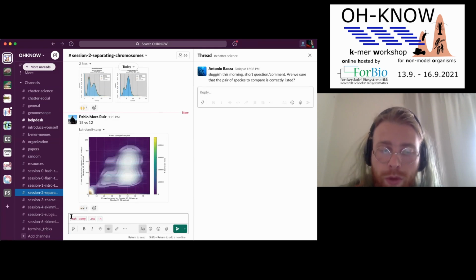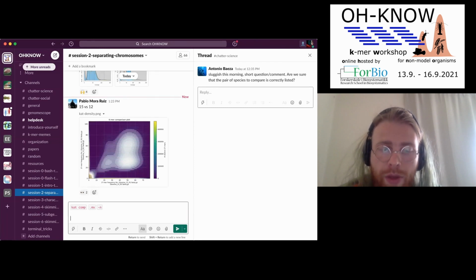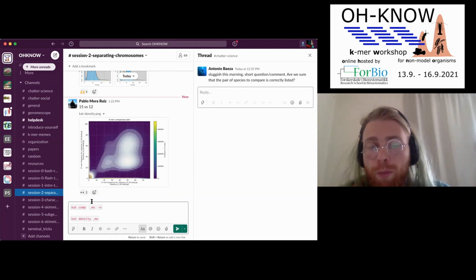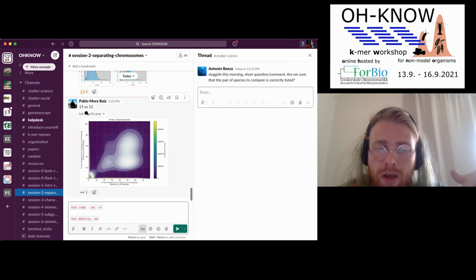But you don't have to do both steps at the same time. You can first generate the matrix files, and I think then it's cat density, but I'm not entirely sure. Somebody should check in the manual, and input the matrix file, and that will again regenerate this plot from the matrix file. So I think there was just a glitch, and if you take the matrix file, you don't have to recompute the 2D matrix. You can just replot it. Does it make sense?